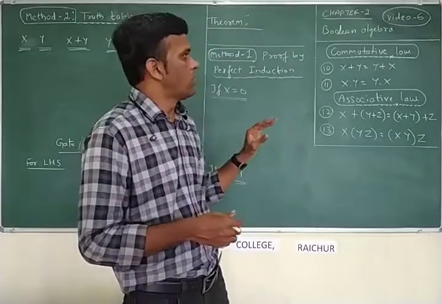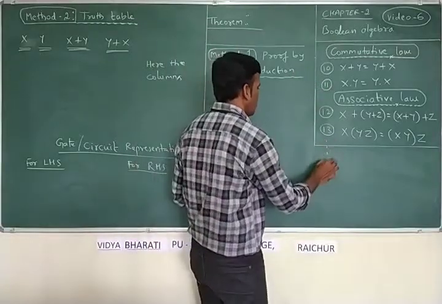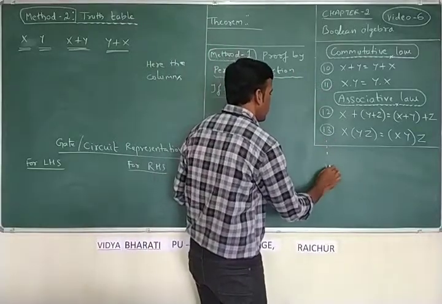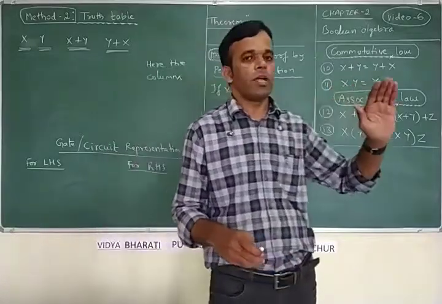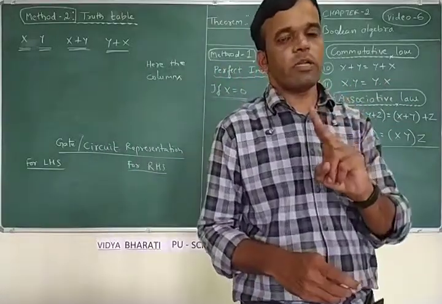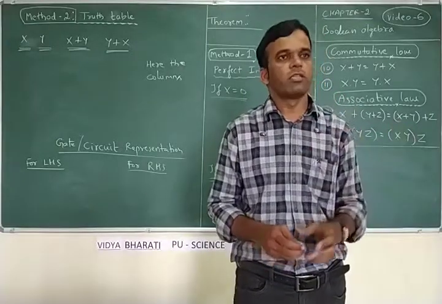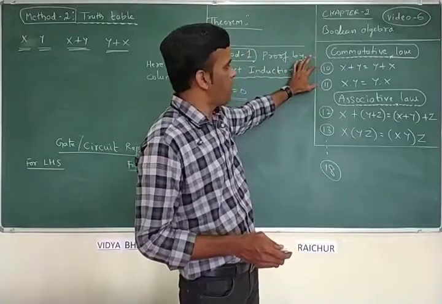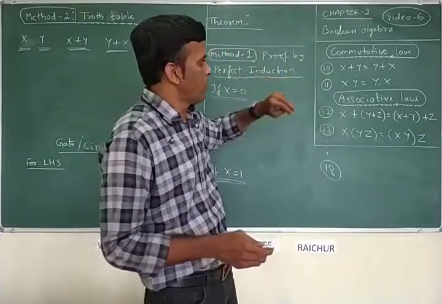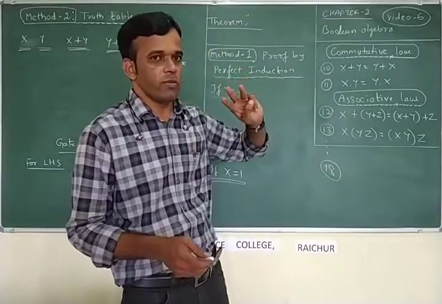Now from 10th onwards up to 18, we have overall 18 theorems. From 10 to 18 we have either 2 different variables, or in some cases 3 different variables in a theorem. So in these 2 commutative laws we have 2 different variables. When it comes to associative law we have 3 different variables.